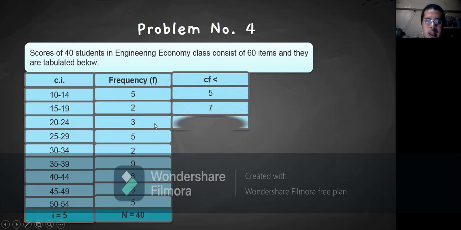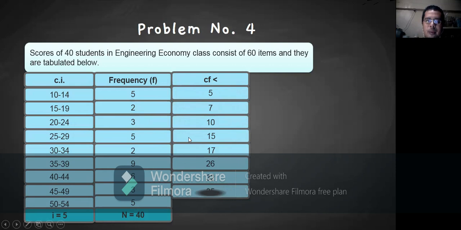Then add 3, that becomes 10. If this continues, we will reach the end of the cumulative frequency, which is 40, which is our n, or the total number of cases.